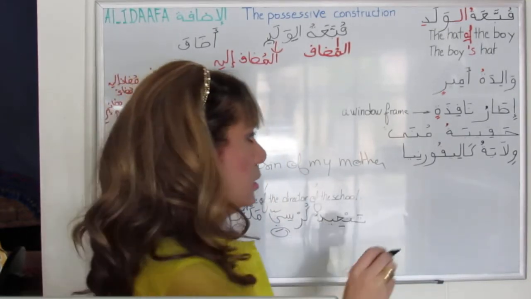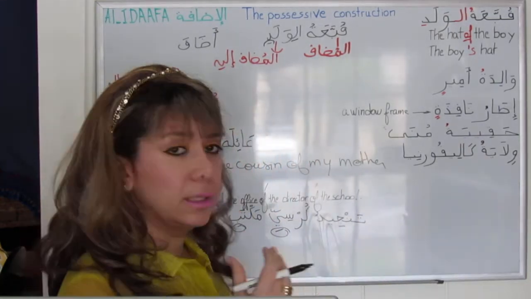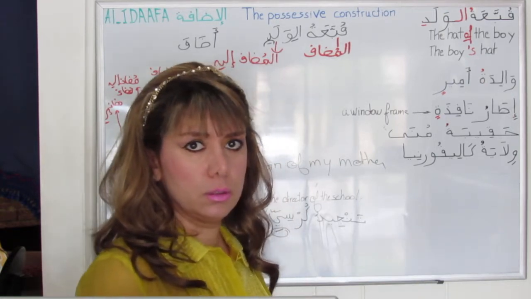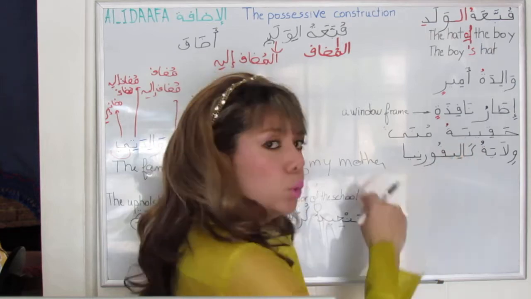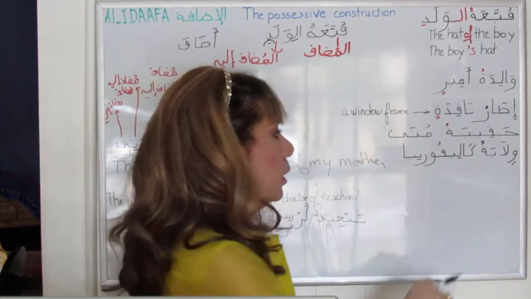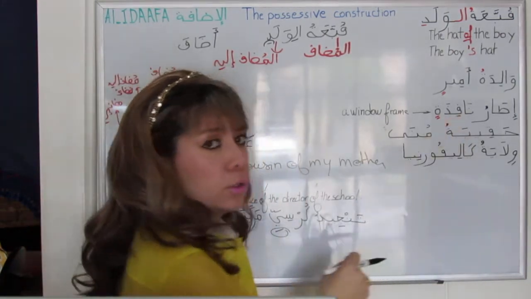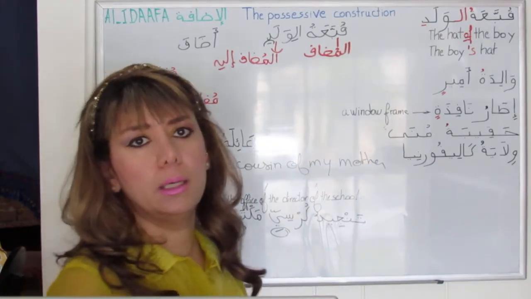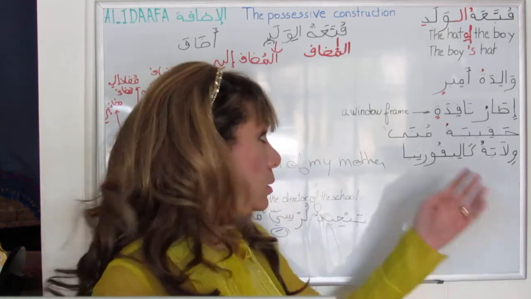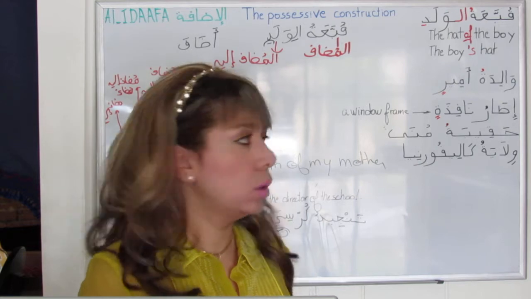But when it's in the idafa construction, we have to pronounce it. Haqibatu muna. We cannot say haqiba muna. Wilayatu California. Walidatu Amir. We can say walida if it was by its own, but in the construction, you have to say walidatu Amir.